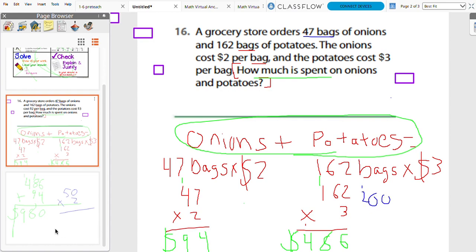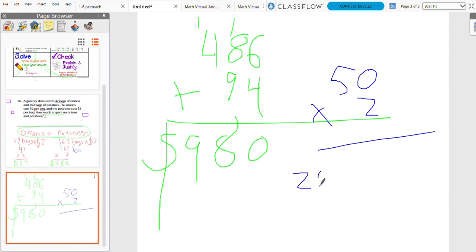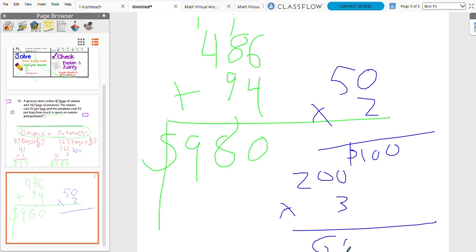We'll say 200, make it nice and easy. 200 times 3. So these are my estimations. This is not going to give me the exact answer. 50 times 2 we know is $100. 200 times 3, 200, 400, 600. $600. 600 plus 100 is $700.